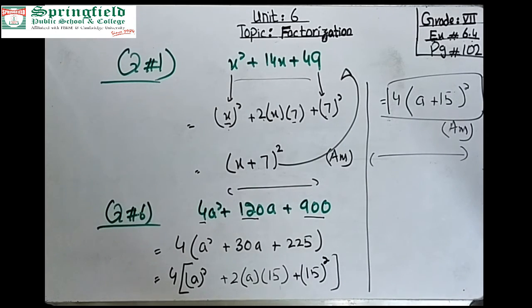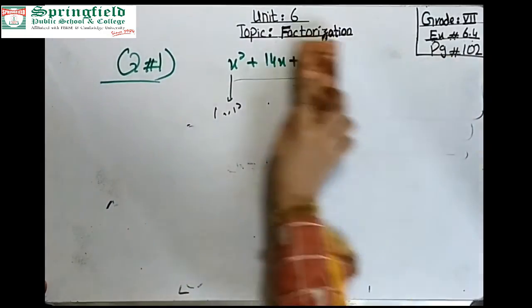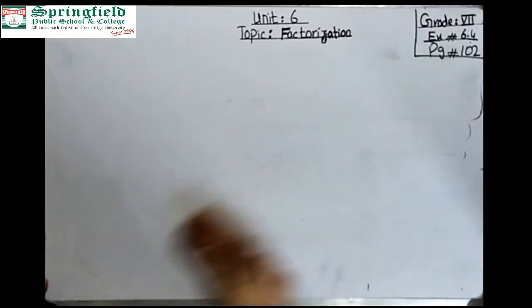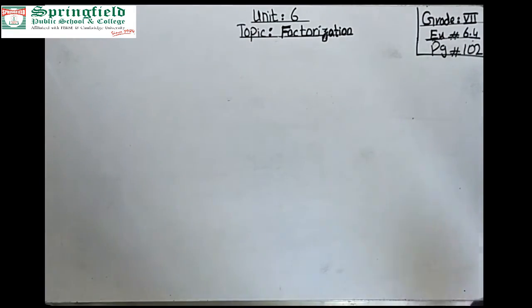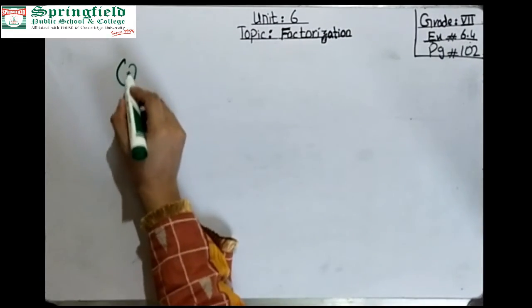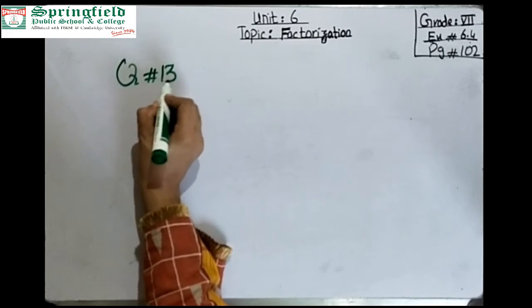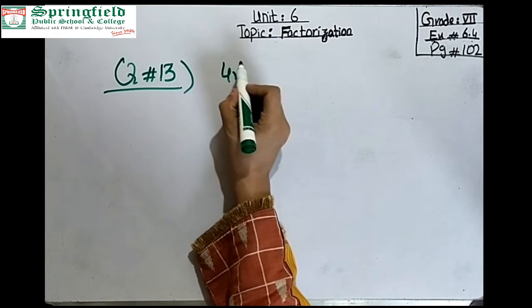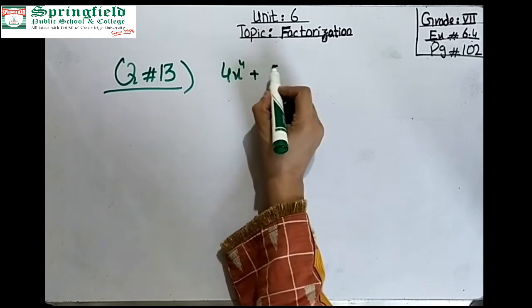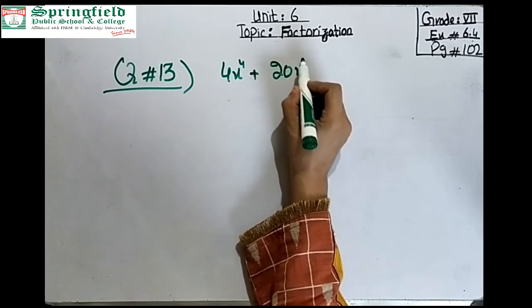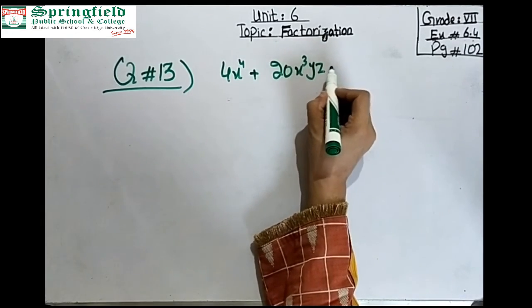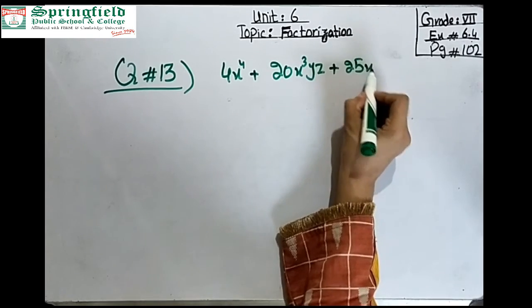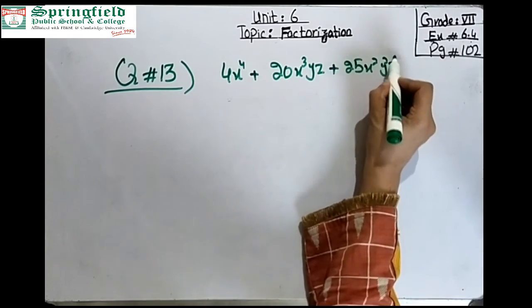Okay, now come on to question number 13. Question 13 is 4x to the power 4 plus 20x cube yz plus 25x square y square z square.